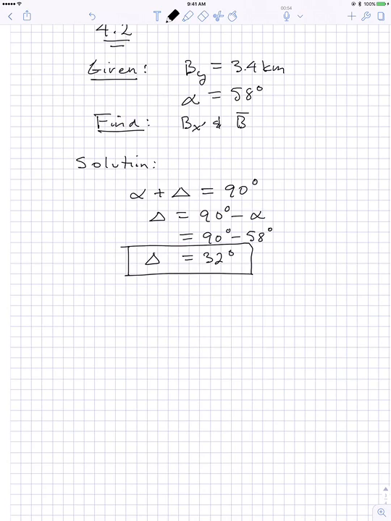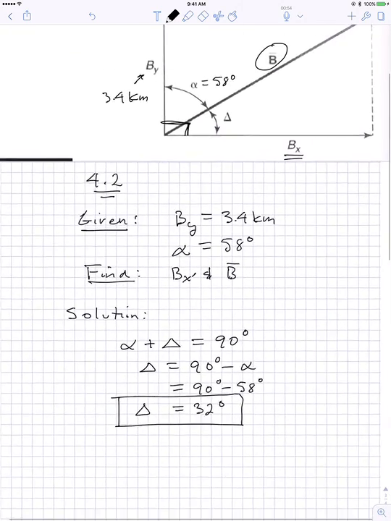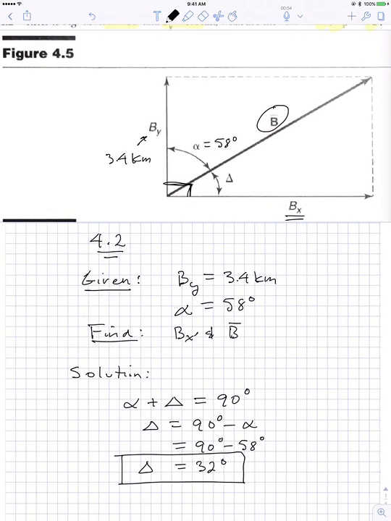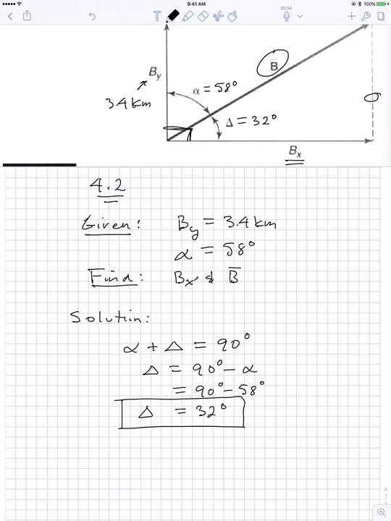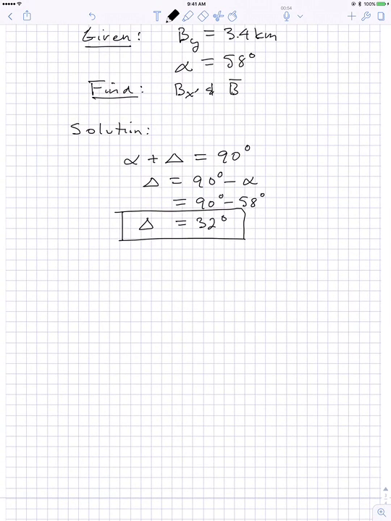Okay. Next, we still have our triangle relationship. We know delta at this point is 32 degrees. And so we can use the same tangent relationship: opposite by over adjacent bx is tangent delta. And delta is opposite over adjacent.